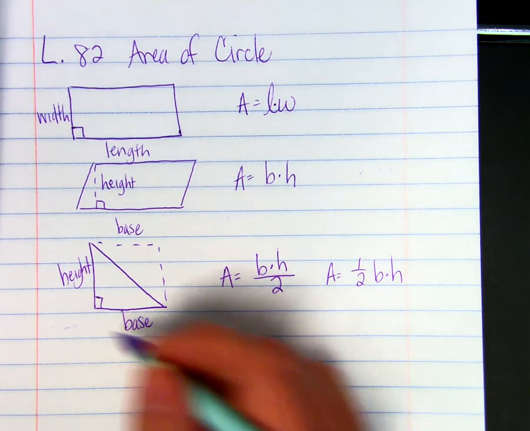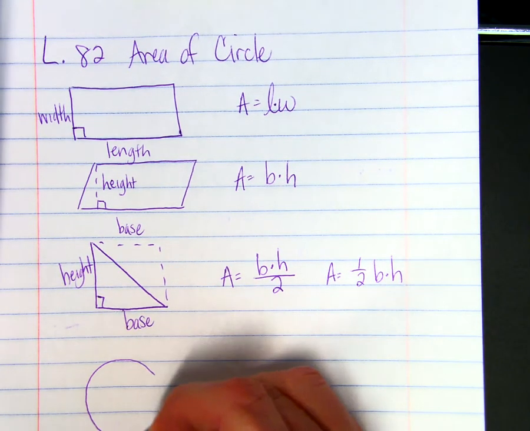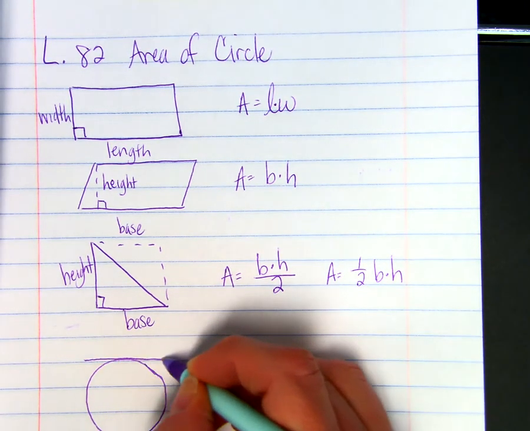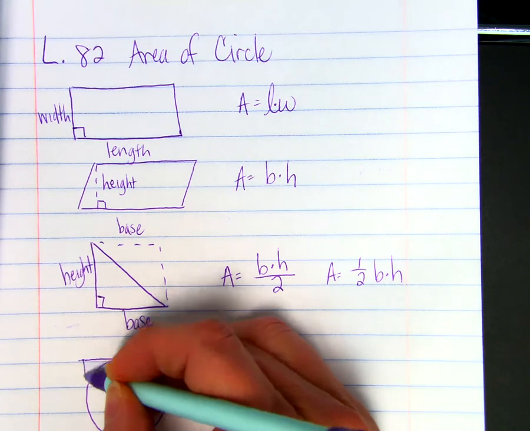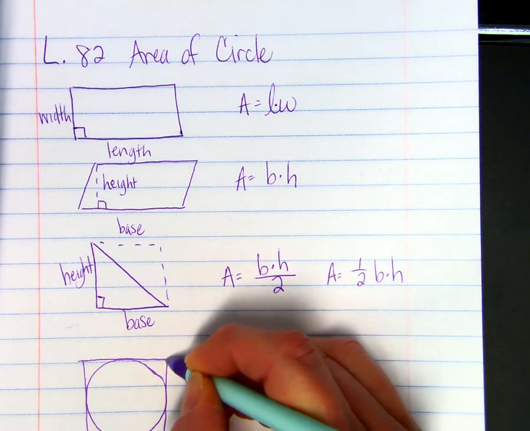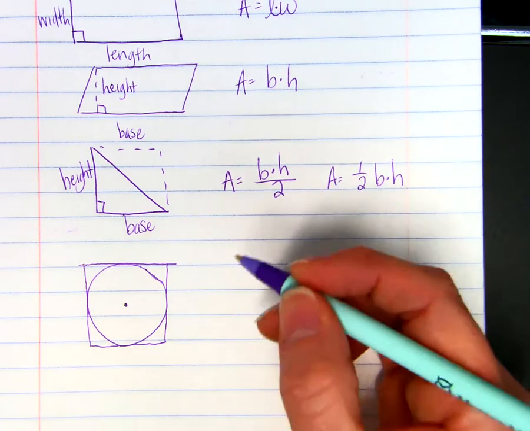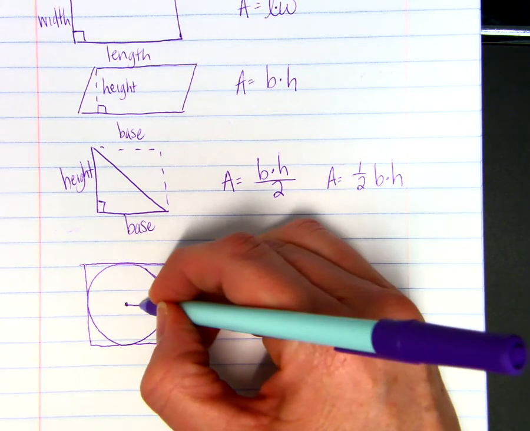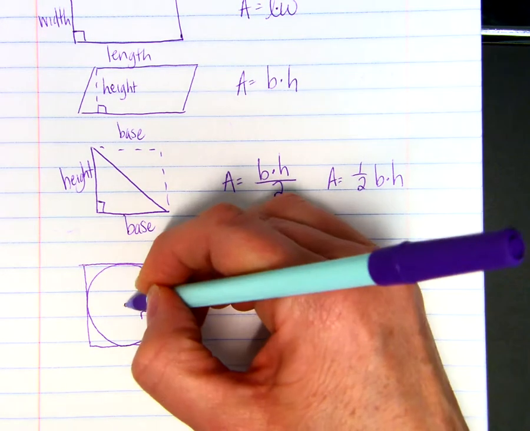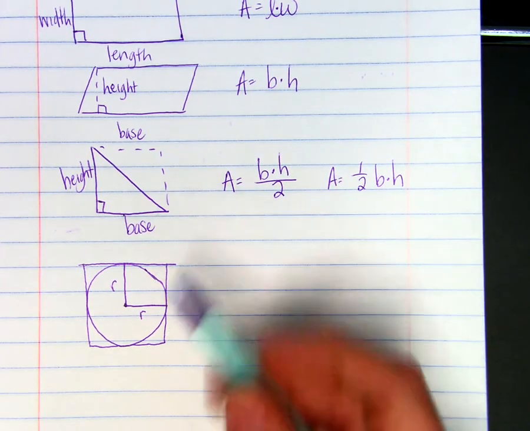Now for a circle, we can imagine it inside of a square. Notice if this is the center of the circle and this is the radius. If we drew another radius straight up, do you see this square in here?